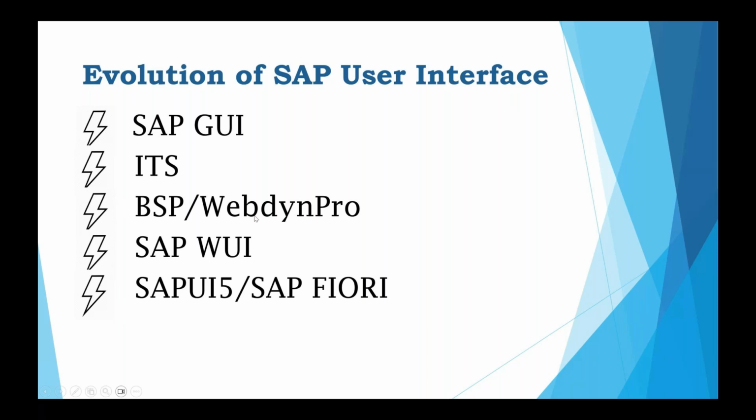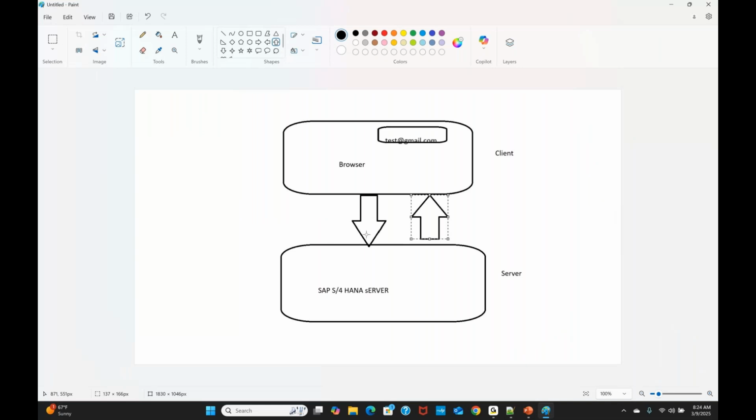What did they do? BSP has HTML libraries, but fast development is not possible, while with WebDynpro fast development is possible. So SAP WebUI is a combination of WebDynpro plus BSP.